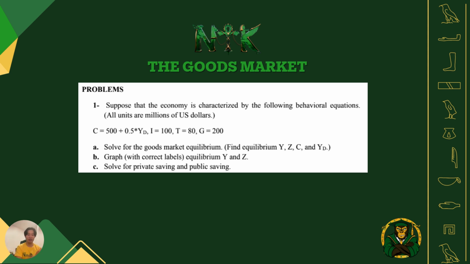Of course, there's no X and IM in this exercise, but it's fine. You can still use the formula and then just replace it with the numbers. Remember also YD, disposable income, equal to Y minus T. So then you're going to put it inside and just switch it with the equation, find the answer.